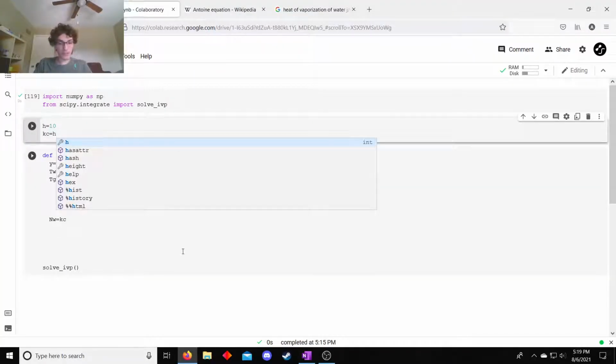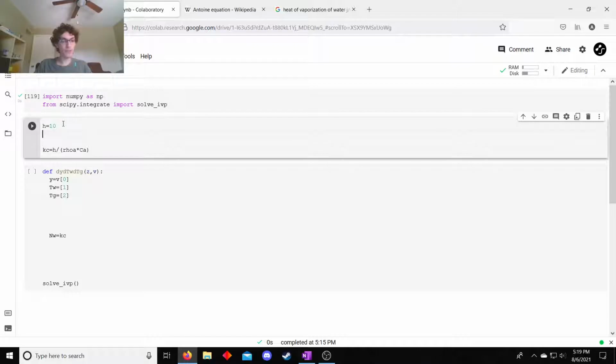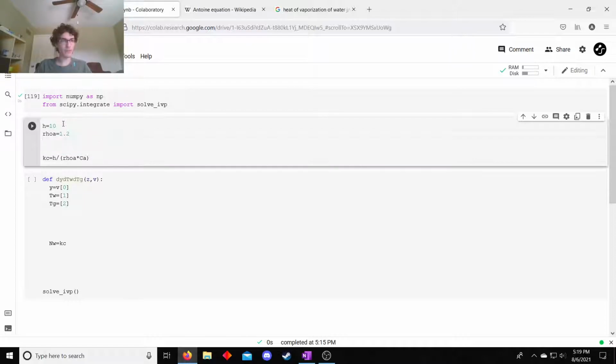So we'll have H divided by rho of air times C, the heat capacity of the air. Now we're going to need to define these. The density of air is about 1.2. Rho of air is 1.2.